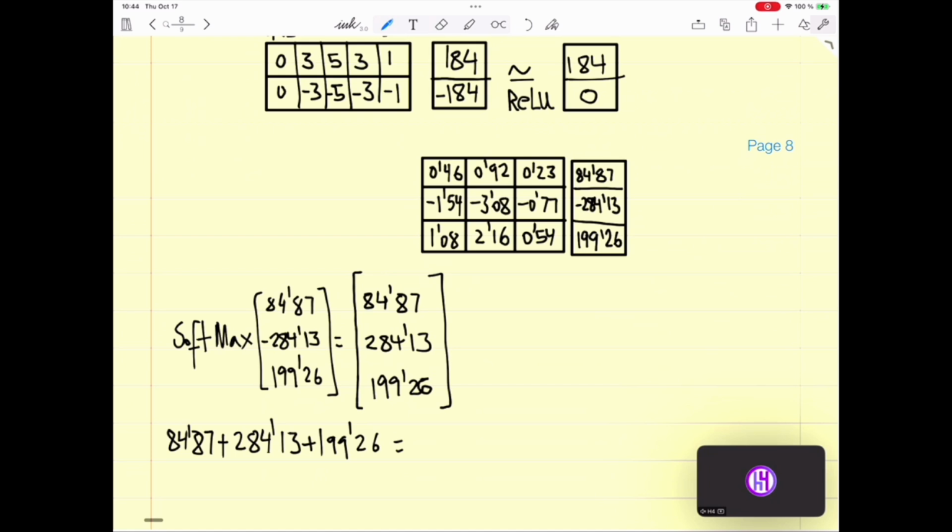And then it works. So you get 284.13 plus 199.26, which is 500.68.26.